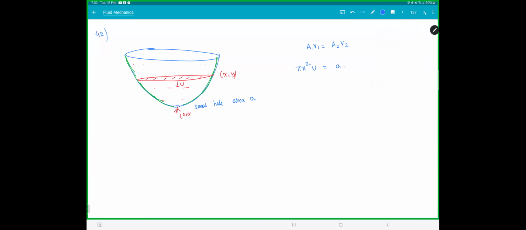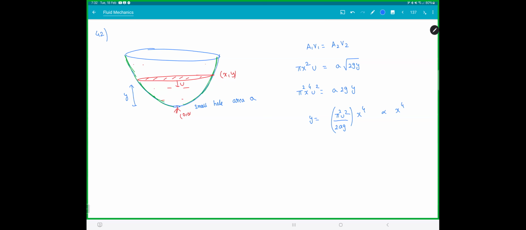This is A and v2 will be root 2gy. Squaring both sides, pi square x power 4 u square is A into 2gy. Oh yeah, this was a one-step answer. So y equals pi square u square by 2ag times x power 4. Y is proportional to x power 4.